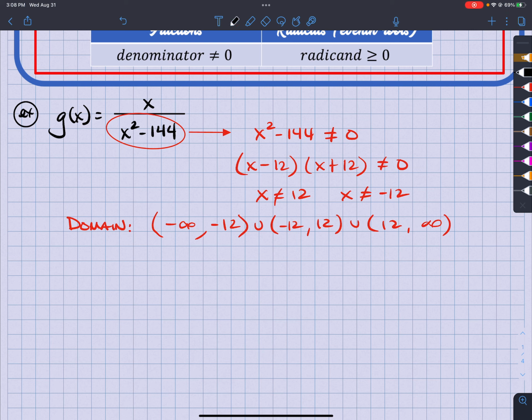Okay? So the next example, which says f of x is equal to the square root of 3x minus 24.